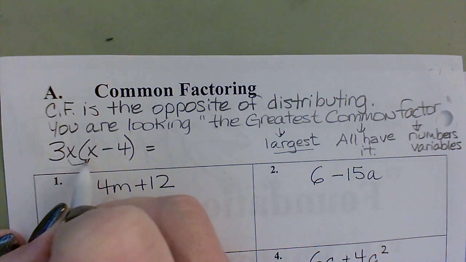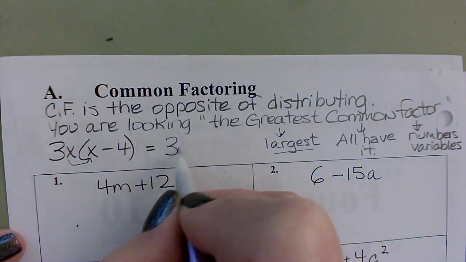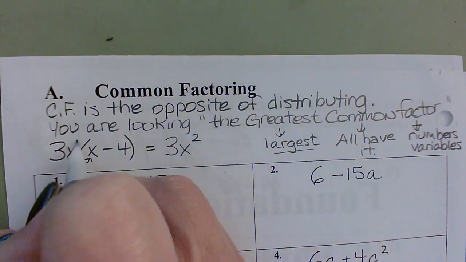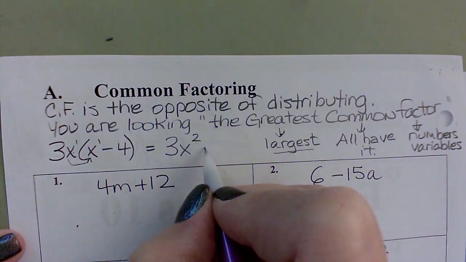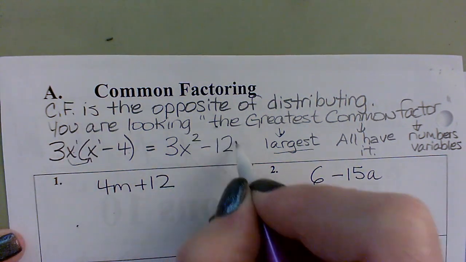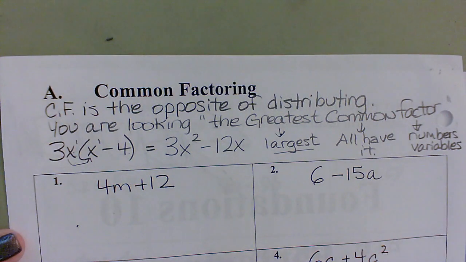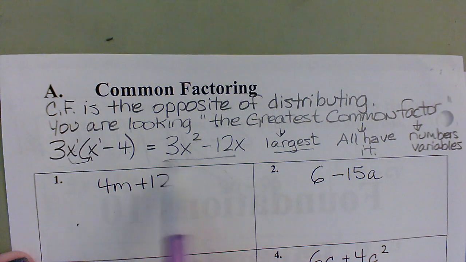And when I put this back in, I get a 3, and then I get an x squared, because 1 and 1 is 2. And then I get a negative 12 and an x. Okay? So now we're going from this step here back to this step.